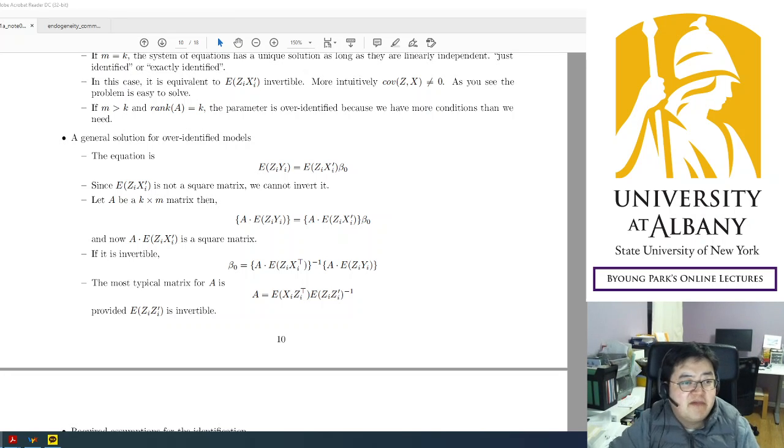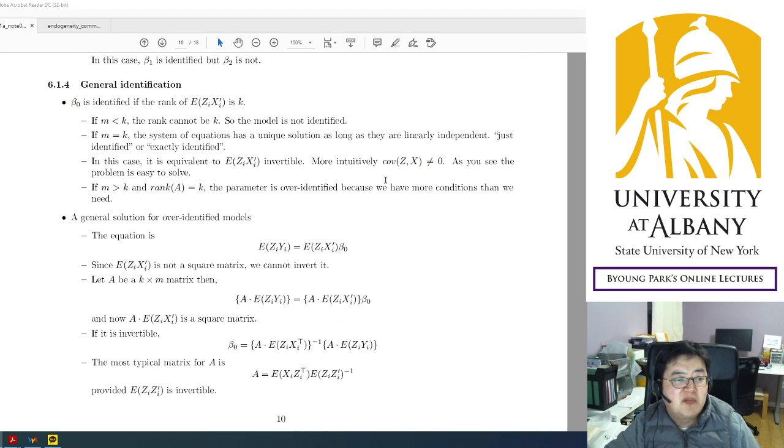We were deriving the identification condition for the moment approach, or the instrumental variable approach. The problem was: when the matrix expected value of zx prime is square, the identification condition implies a simple solution, because you can invert this matrix.